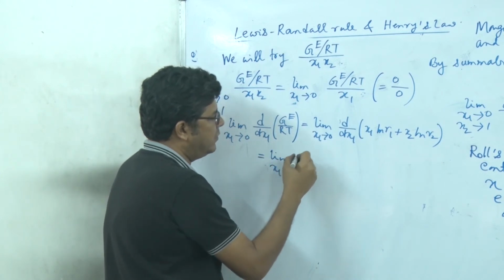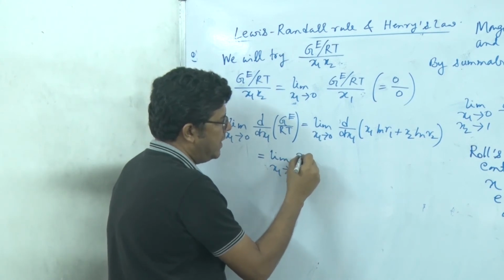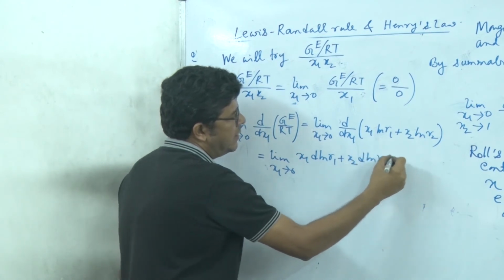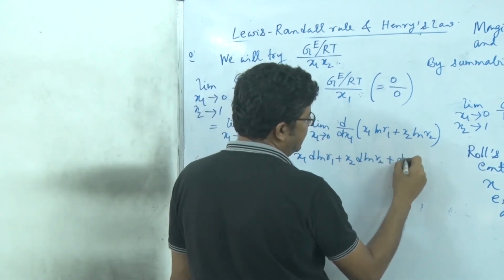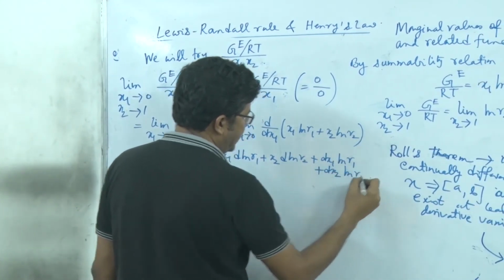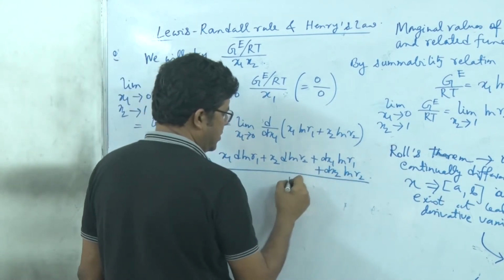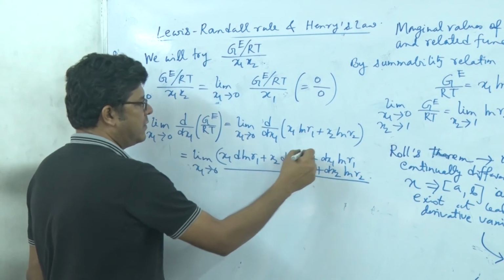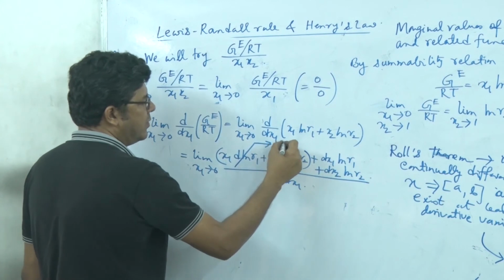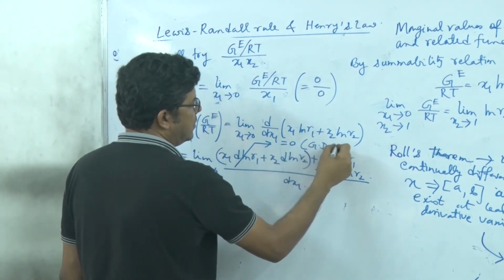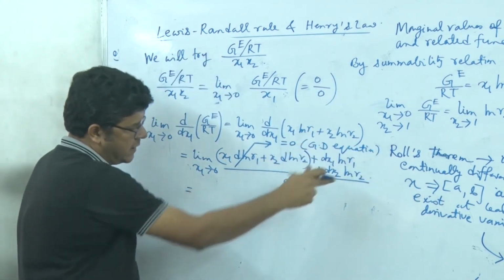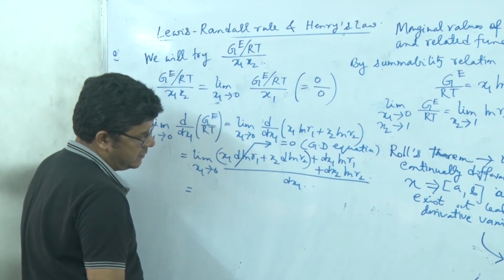Limit x1 tending to 0: x1 d ln gamma 1 plus x2 d ln gamma 2 plus dx1 ln gamma 1 plus dx2 ln gamma 2, all over dx1. You see these first two terms are actually the form of the Gibbs-Duhem equation, so this is equal to 0. Now the second term: dx1 ln gamma 1 plus dx2 ln gamma 2.